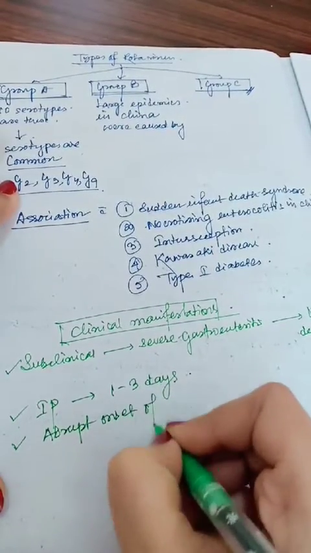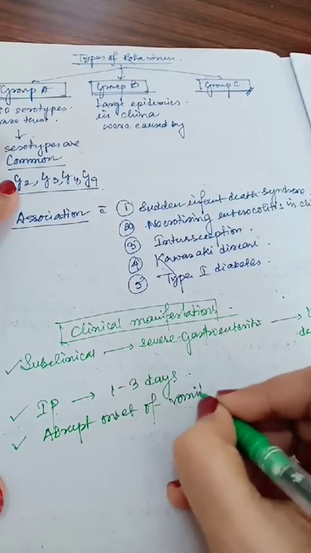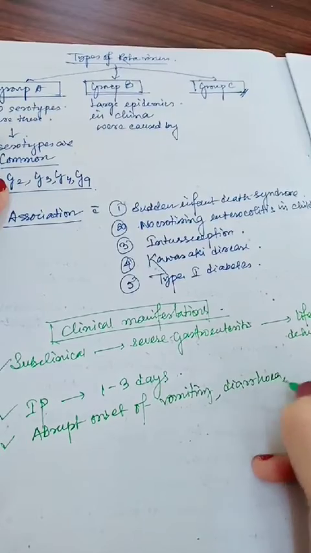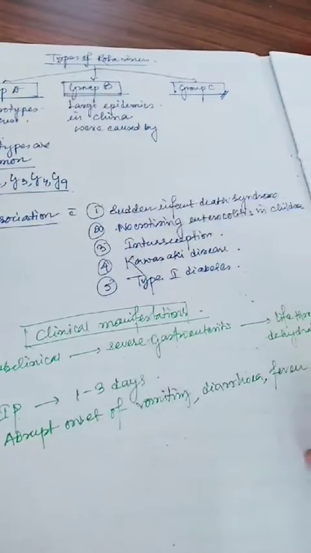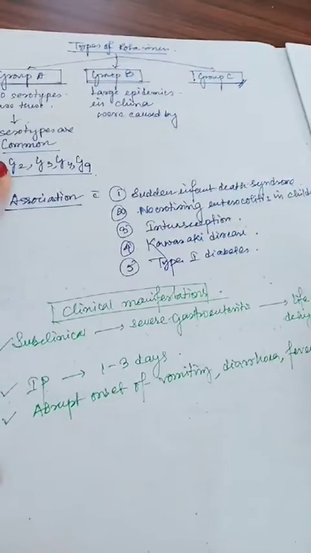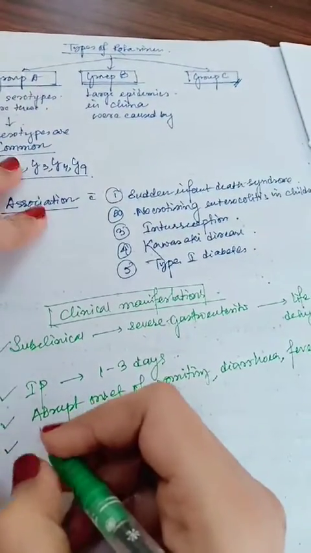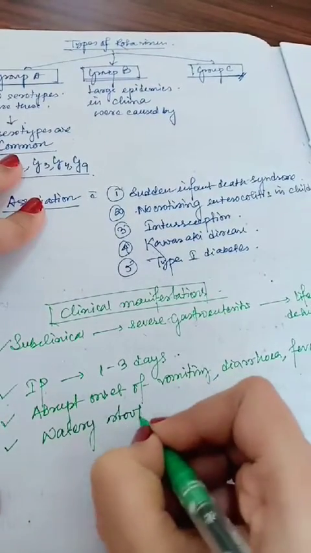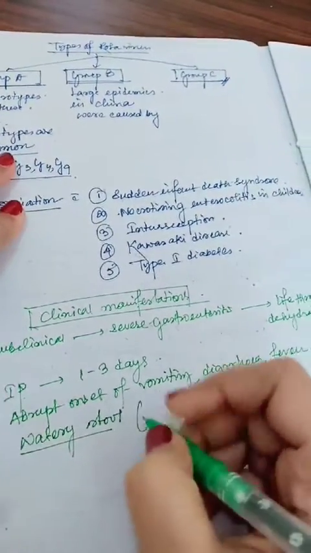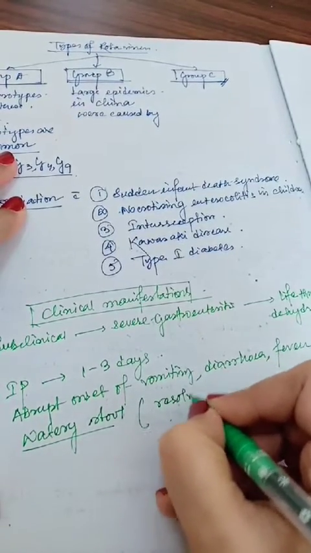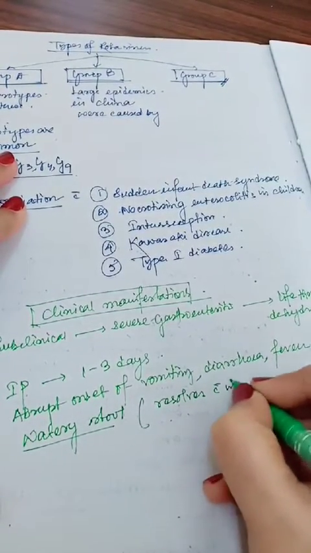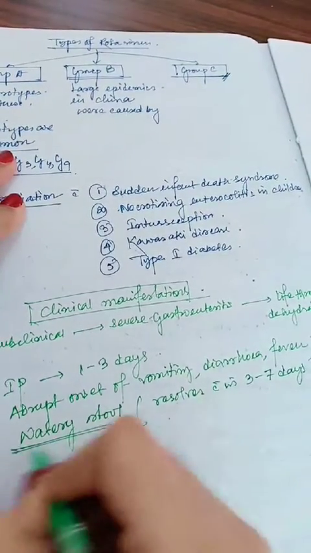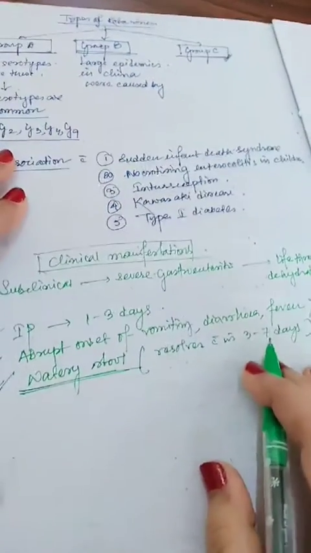And most importantly, passing of watery stool. That usually resolves within 3 to 7 days. So watery stool is common.